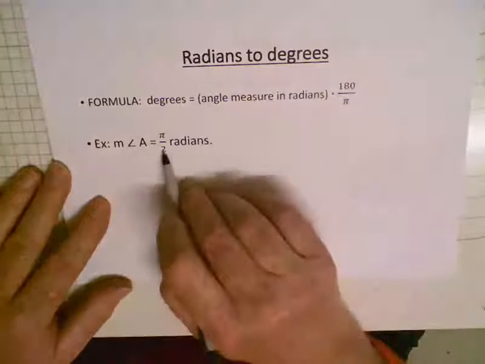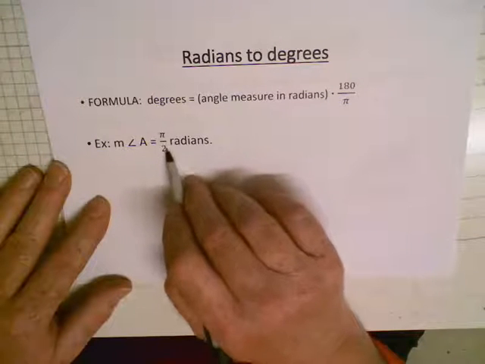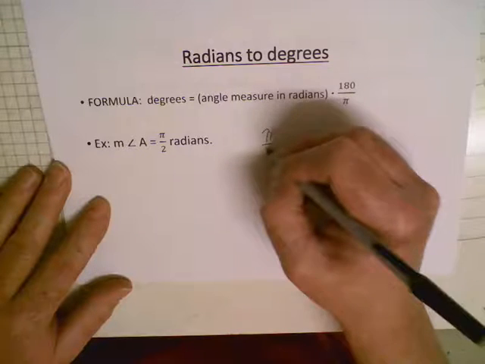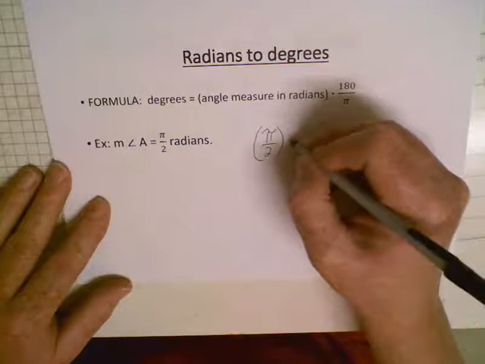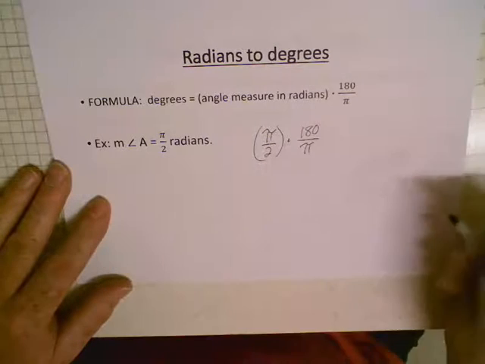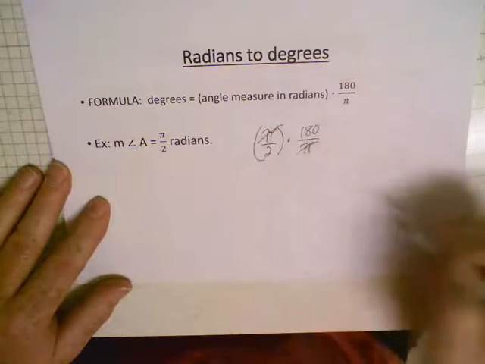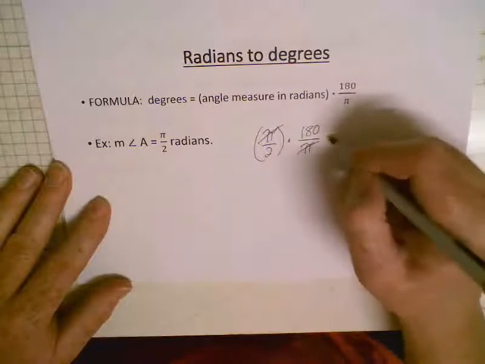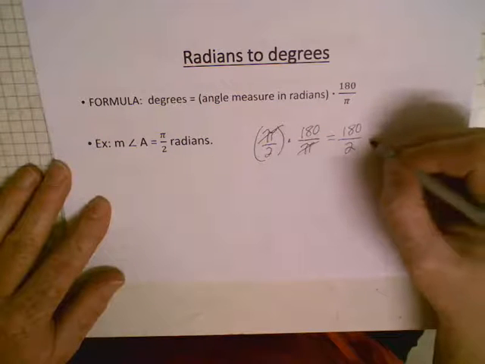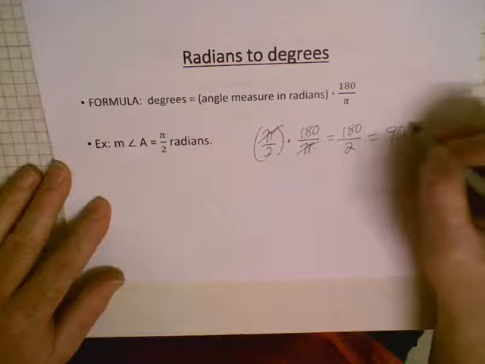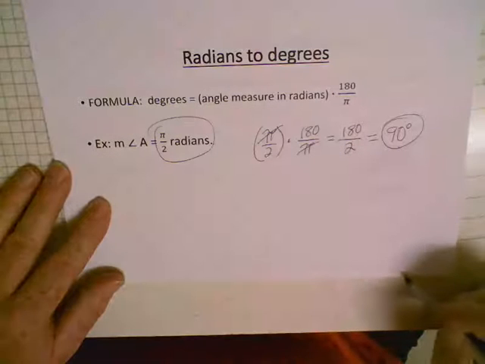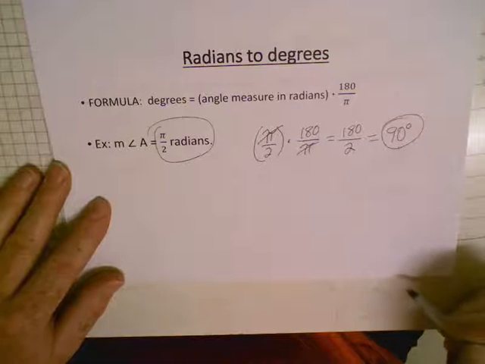So on this, if our radians is pi over 2, we're just going to take pi over 2 times 180 over pi. And what happens here is this pi and this pi just cancel each other out, and you're left with just 180 divided by 2. Well, 180 divided by 2 is just 90. So a 90-degree angle and a pi over 2 radians angle is the exact same thing, just two different ways to measure it.